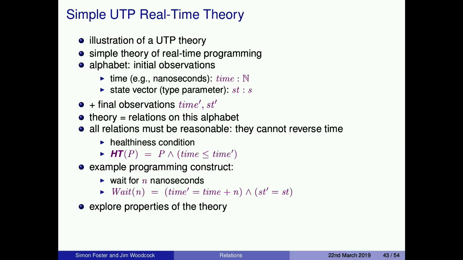And we're going to have a variable called st, which is going to be the state of the program. And then the predicates within this theory are the relations over these variables. And our relations need to be reasonable then, right? So we don't want to be able to reverse time. And so for that reason, we introduce what's called a healthiness condition. So this is the constraint that we want all of our time programs to obey, that time is less than or equal to time primed.